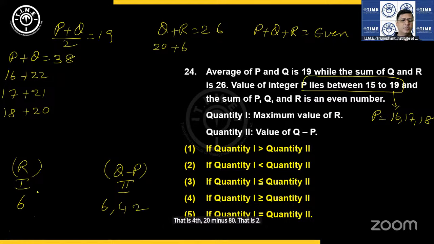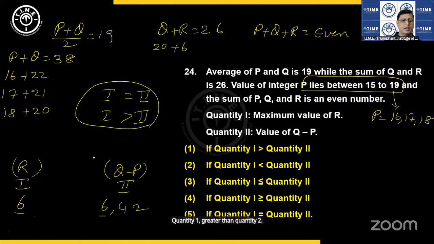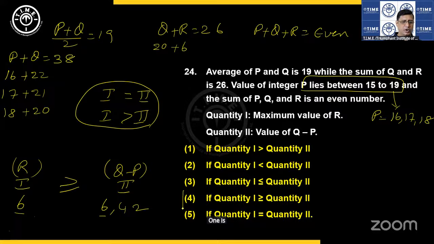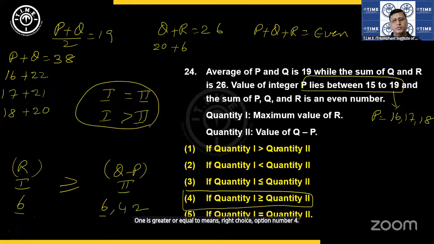How these are related: quantity 1 and quantity 2 are equal in one case, and quantity 1 is greater than quantity 2 in the others. Combining these two, we get the relation greater than or equal to. Quantity 1 is greater than or equal to means the right choice is option number 4. The fourth choice is the right answer.